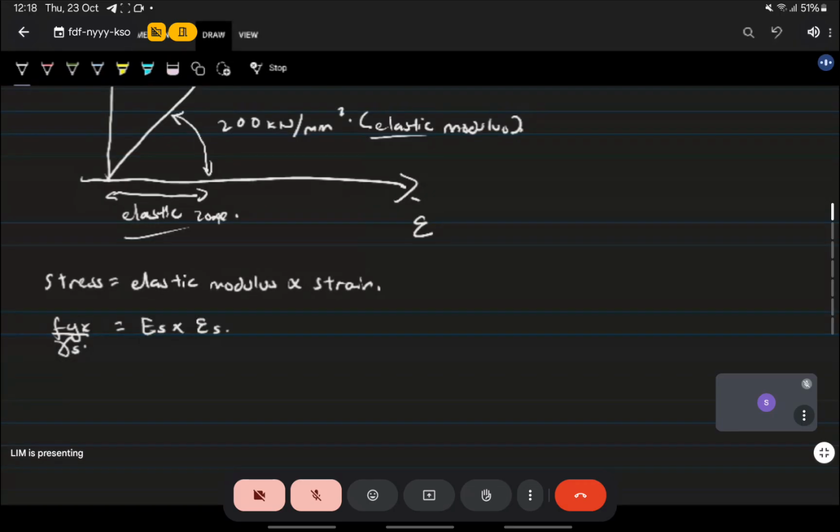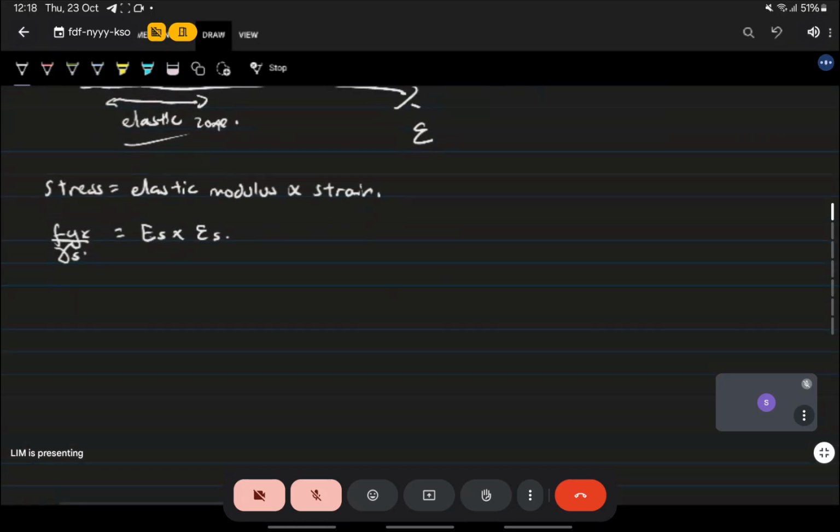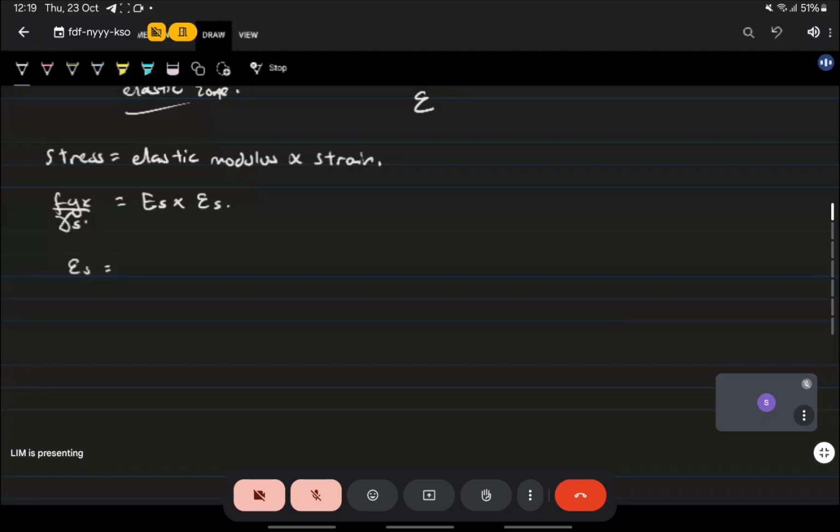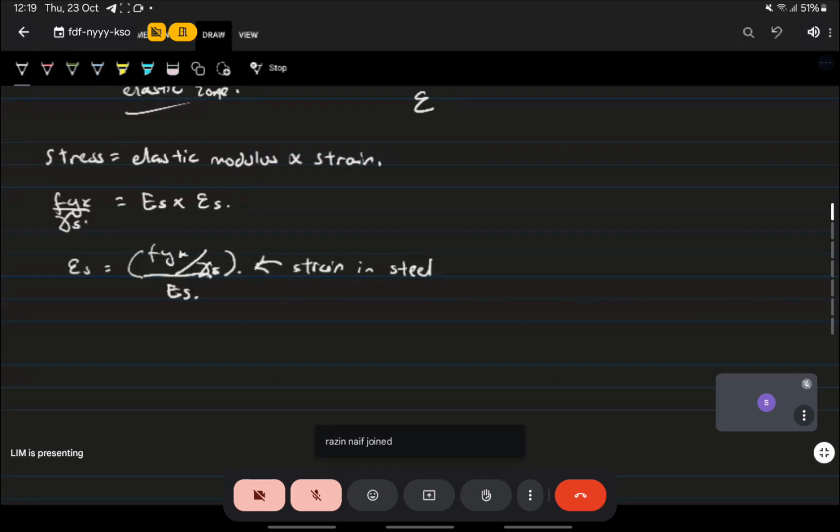Now I can rearrange this to get epsilon S. I can rearrange everything to get epsilon S, so basically I'm going to get fyk over gamma S over Es. Now, this is the strain in steel, generally.